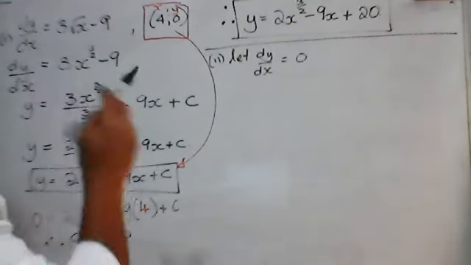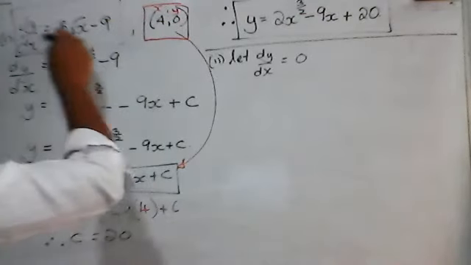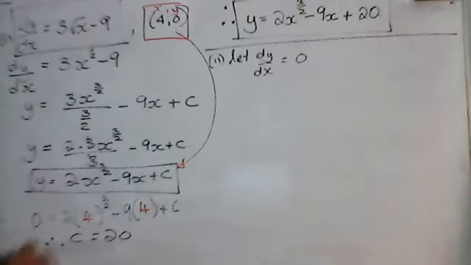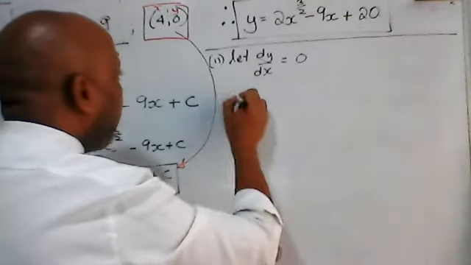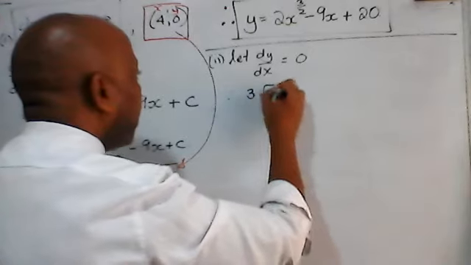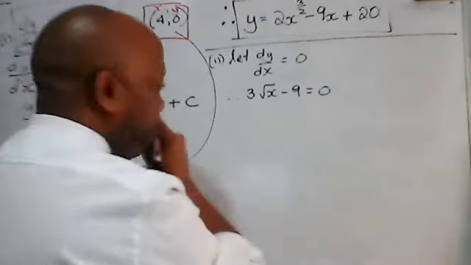Remember that you don't have to differentiate this. You are given the derivative already, 3 root x minus 9. So I'm just going to say, therefore, 3 root x minus 9 is equal to 0, and solve that equation.